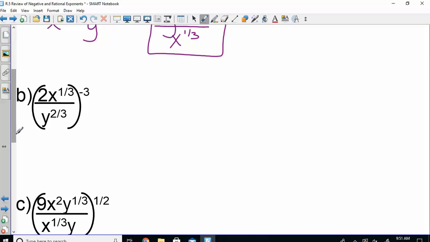Let's look at B. We have a couple options for where to start. And let's talk first just about that negative. What would that negative do to the fraction?